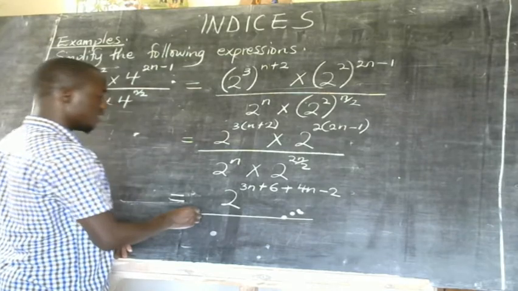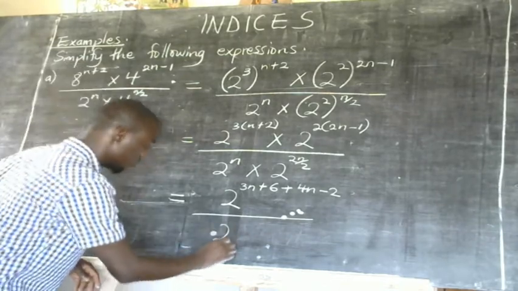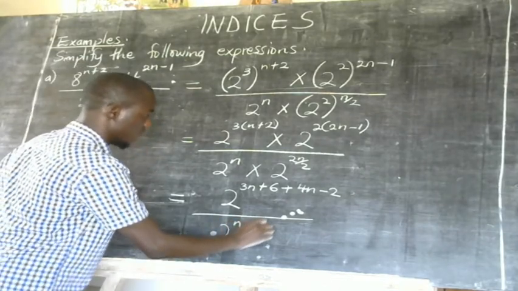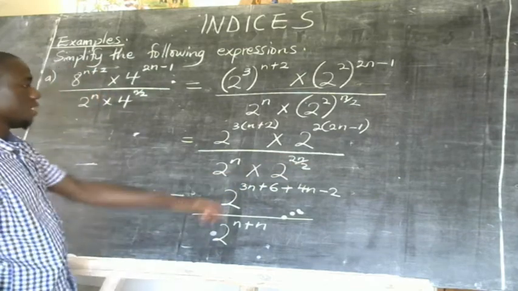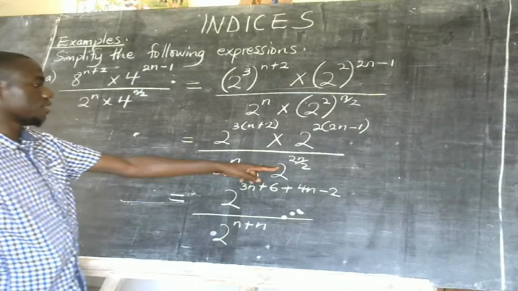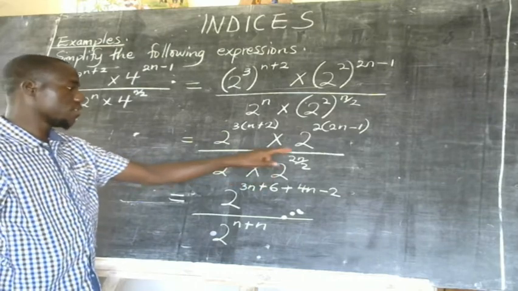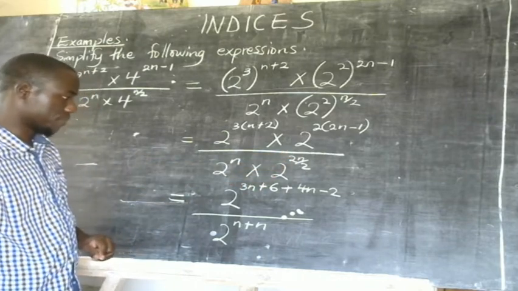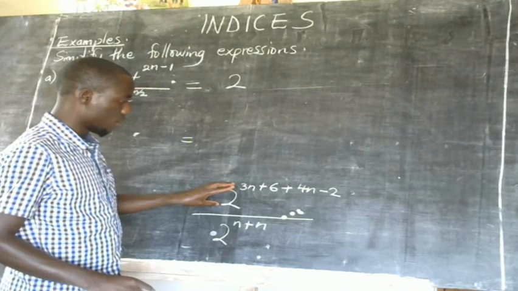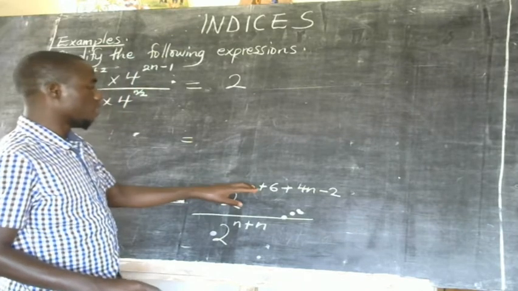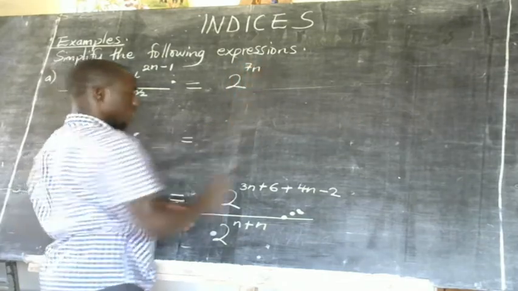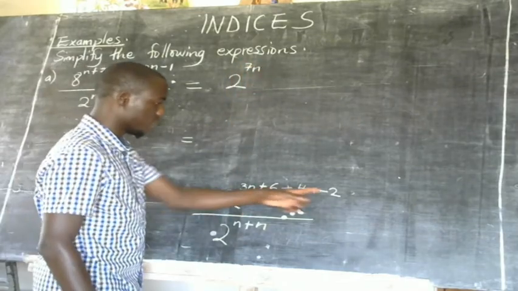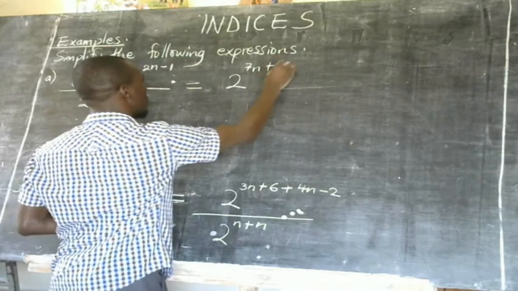Then in the denominator, I'm having my 2n plus the n, because this 2 here is going to cancel, and then you have this 2 here, the base, to be having power n there. The powers of the numerator, when I add the n, I'm having 7n. Then the figures there, 6 minus 2, I'm having a positive 4.